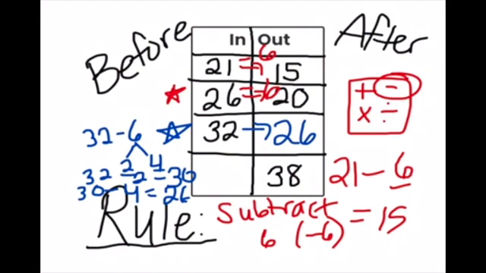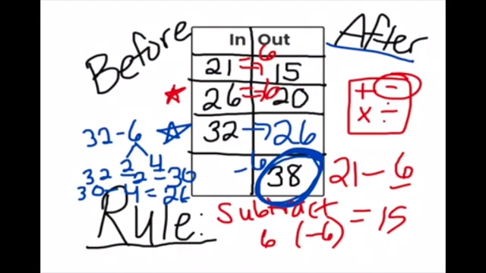And then for the last one, we are actually given the output right here, 38. That was the after the rule, right? So that's when you subtracted 6, you get 38. So that means my input's a bigger number. Well, what would I have to do with the opposite? To find the opposite, I could just add 6 to my 38 right here.